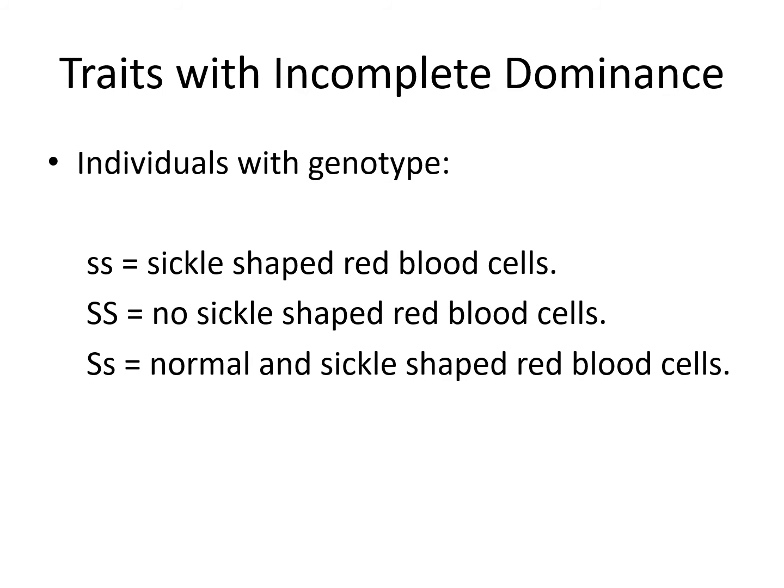So our analogy with the flowers is not perfect, because in the flower you get the hybrid of the 2 colors. Here we don't get a hybrid of the shape of red blood cells, but we get both normal-shaped red blood cells as well as sickle-shaped red blood cells. So here's the genotype, little s, big S, little s, and here's the phenotype.